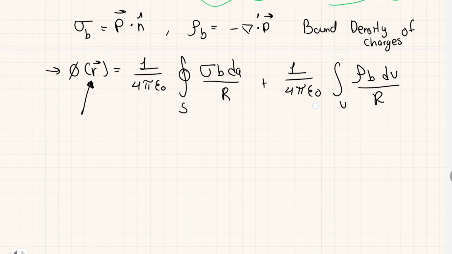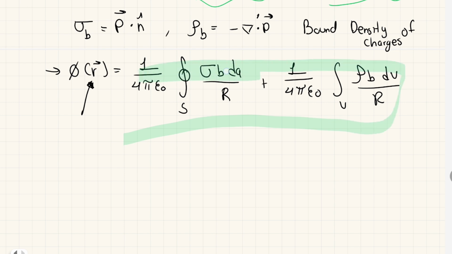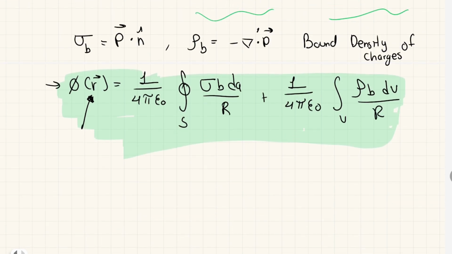But the case is that the dielectric is polarized, and then we calculate the electric potential due to that material. Okay, so this is the expression that we need to find that electric potential. Okay, and the important concepts here are the bound density of charges, sigma b and rho b.